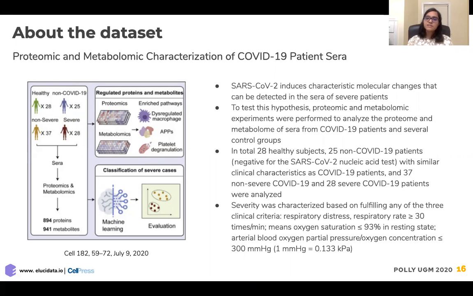And then there were 37 non-severe patients and 28 severe COVID-19 patients. And severity in this study was defined based on clinical criteria of respiratory distress, blood oxygen saturation levels, and oxygen partial pressure in the blood. So a very interesting study, same cohort of patients, 2 different types of omics data were collected.